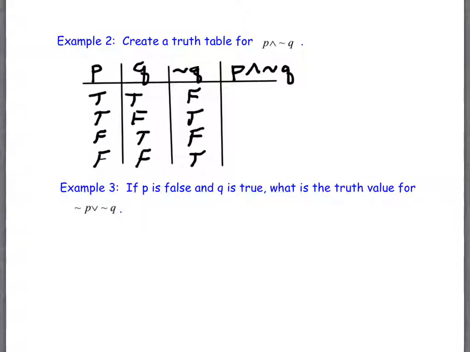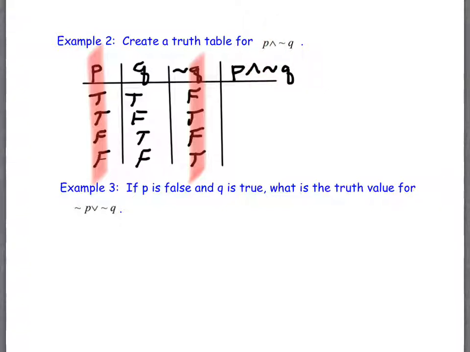All right. The last statement, which is really the point of this particular table, is to compare these two columns together, and to compare them using the connective and. This symbol right here in between is an and symbol. When is an and statement true? When they're both true.